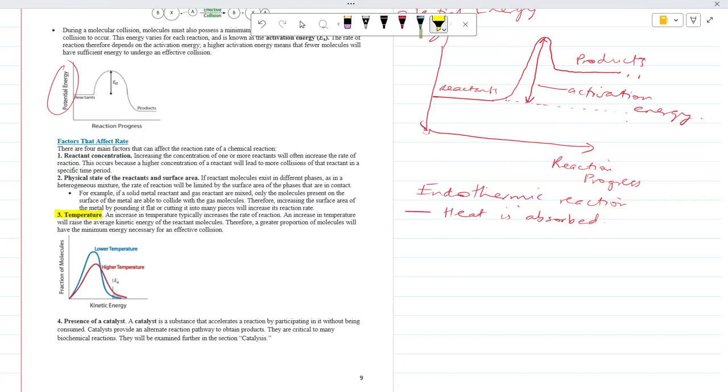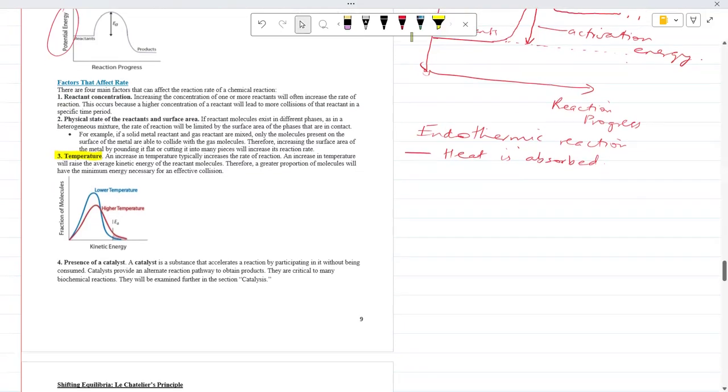It's more likely to lead to an effective collision that will cause the reaction to occur. So you have a greater proportion of molecules that will have the minimum energy necessary for an effective collision to occur, and the reaction rate will then increase.